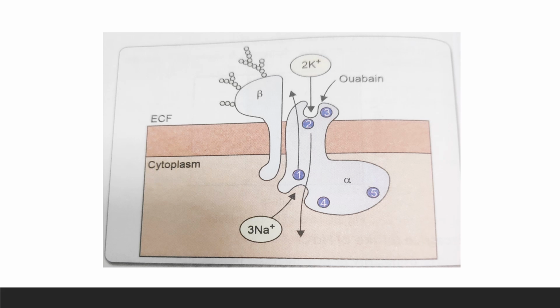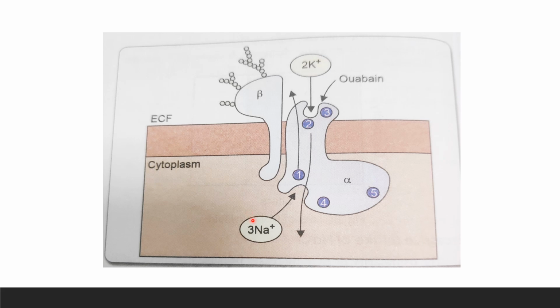Now if we want to see the structure of the sodium potassium ATPase pump, you will see that it is actually a heterodimer. It has 2 subunits, and both subunits are different: one is the alpha subunit, another is the beta subunit. The alpha subunit has the intracellular and extracellular binding sites. The intracellular portion of the alpha subunit has a sodium binding site, that is 1.